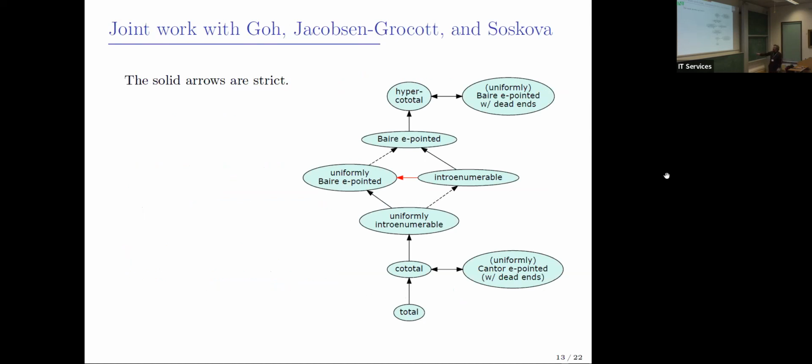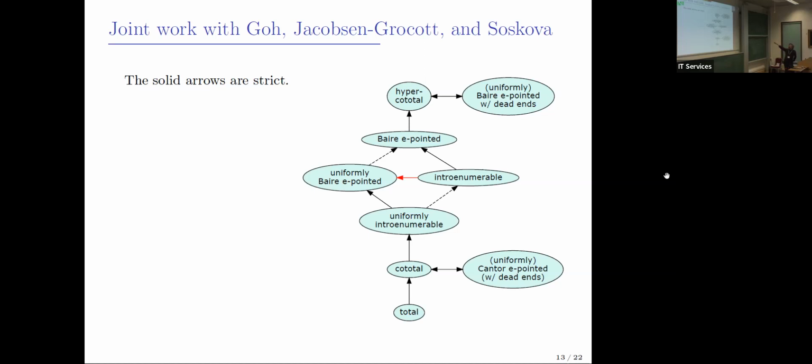So total implies cototal, which has this characterization in terms of e-pointed trees in Cantor space in 2 to the less than omega, and really has 4 versions of that. Who cares? Cototal implies uniform introenumerability. That implies uniform Baire pointedness.